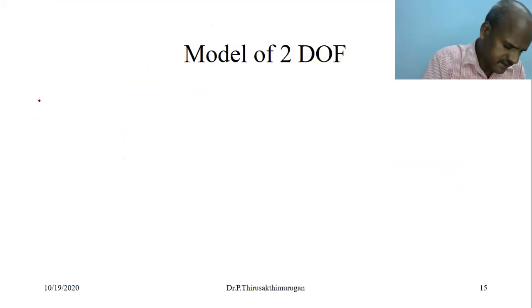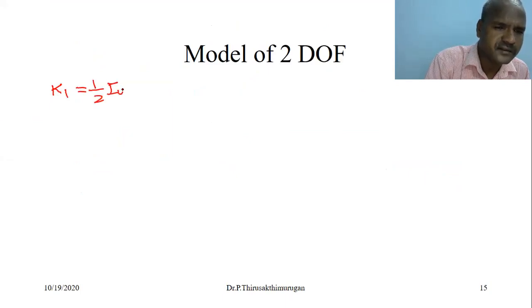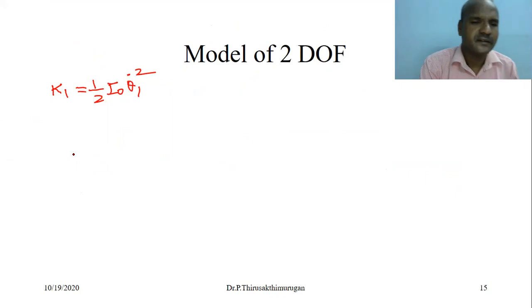Kinetic energy K1 equal to half I0 theta 1 dot square, because the motion at the joint is angular, so angular velocity. So instead of mass, when the mass is rotating, it creates the moment of inertia.